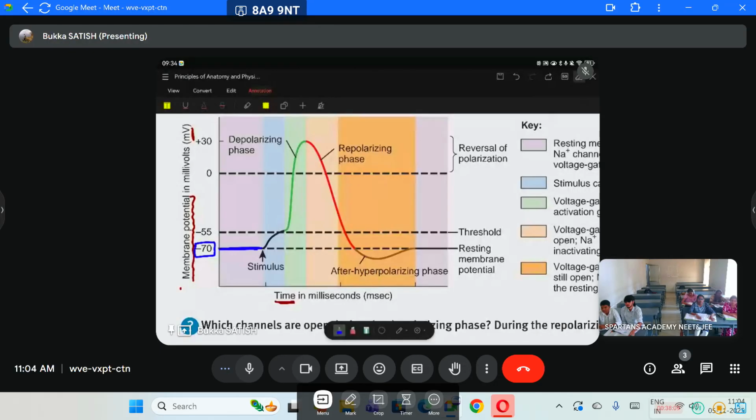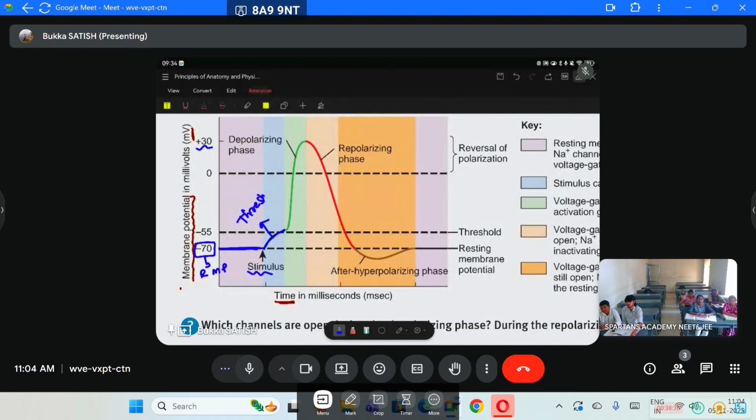Upon stimulation, say this is the stimulus. When the stimulation happened, from negative it is changing towards the positive. Initially, this is what we call the threshold potential, which is around minus 10 to 15.